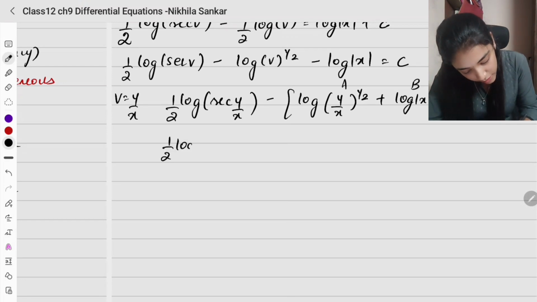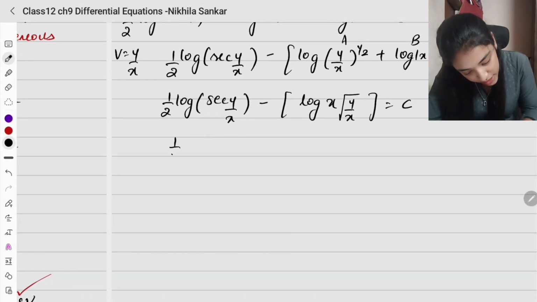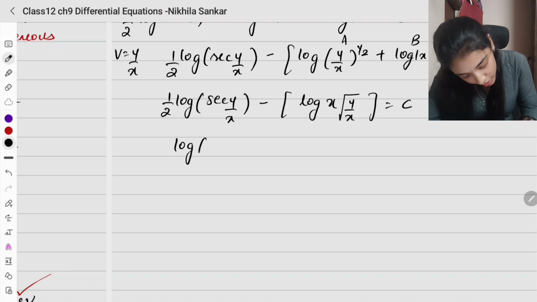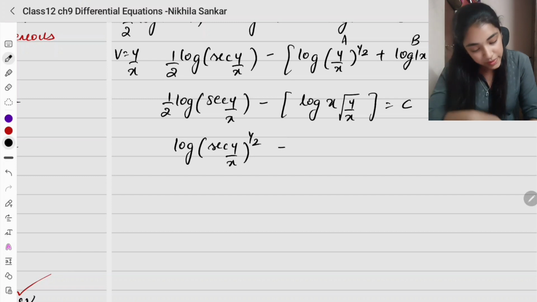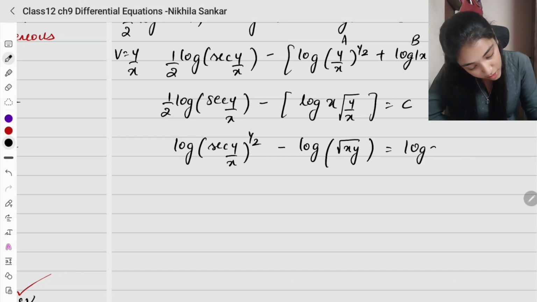So this is half log secant y divided by x minus log x root of y divided by x equals c. So this is half log, here also we can multiply the half, right? Can we take it up as a power? So I have log of secant y divided by x to the power half minus log of root xy equals log c.